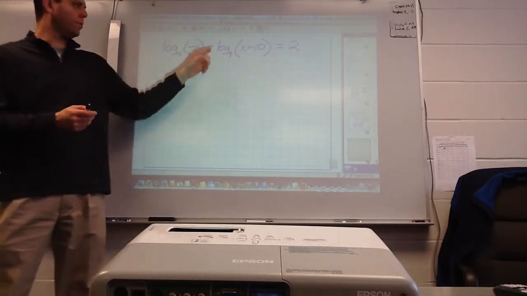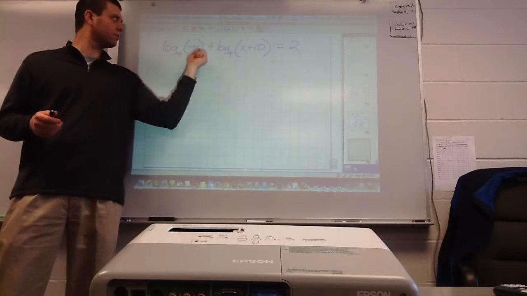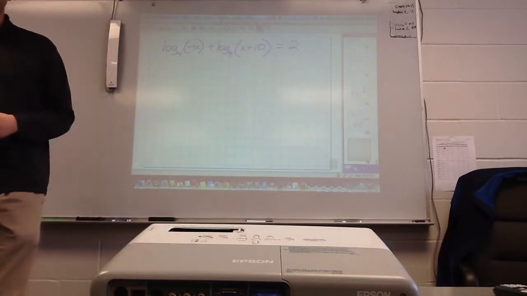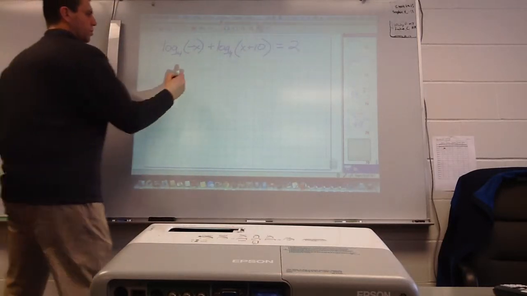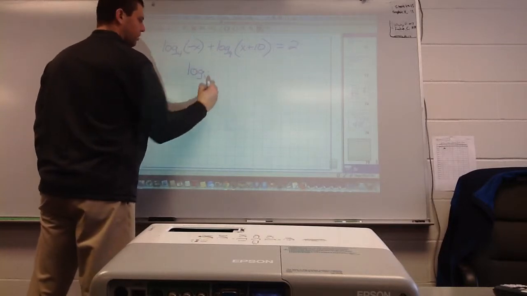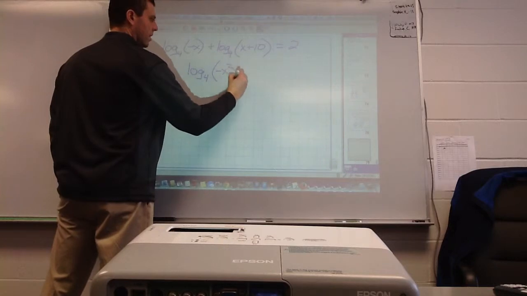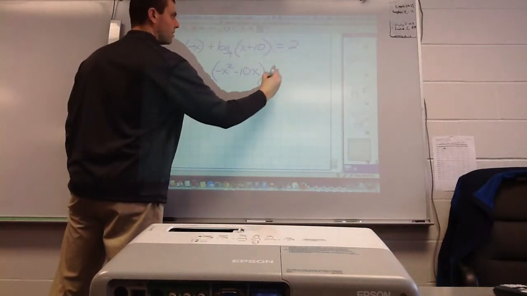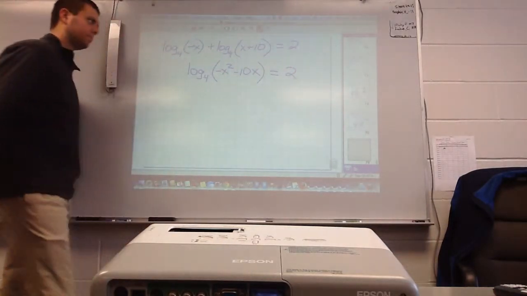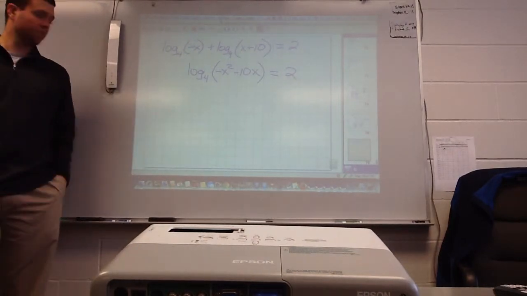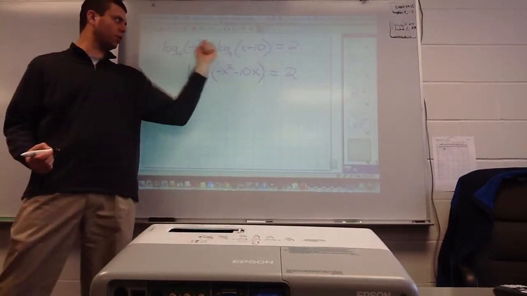Because there's a plus between them, you multiply them. So you'll get log to the base 4 of negative x squared minus 10x.